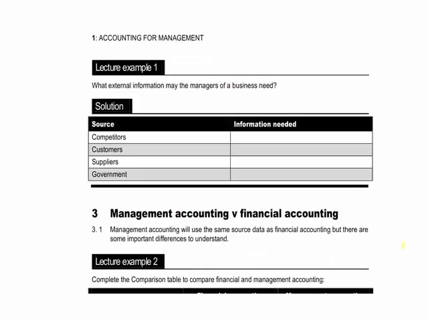So if we're thinking about using information to help make decisions, we need to think about information that the business might need to obtain externally. The idea of this lecture example is that it's a bit of a brainstorm about the different sources of external information, and we can categorise them by their different type.